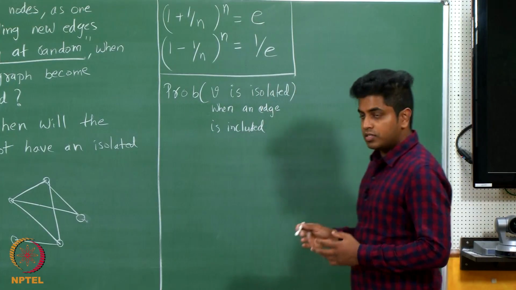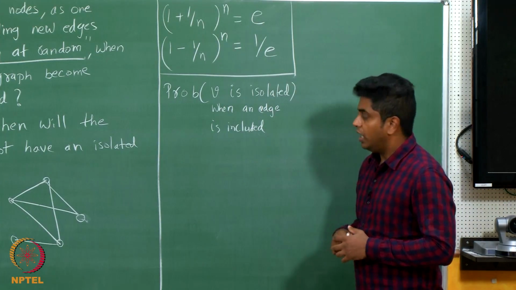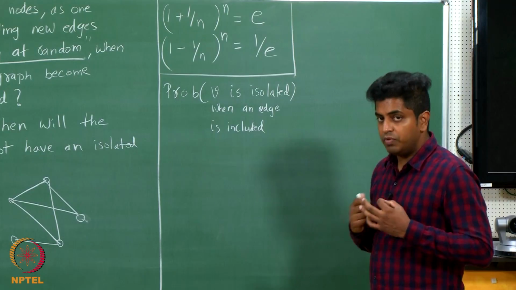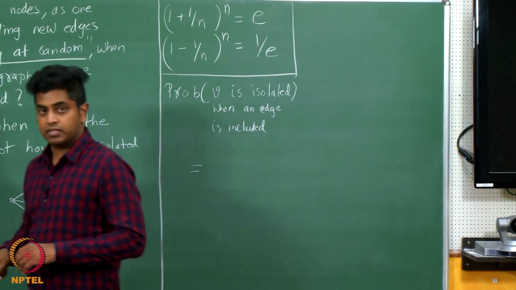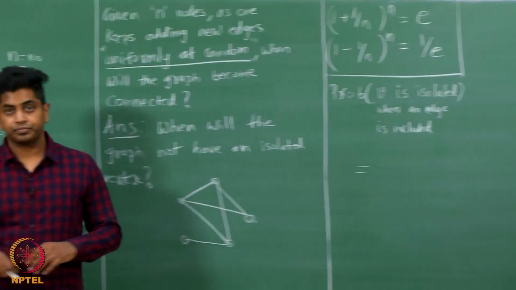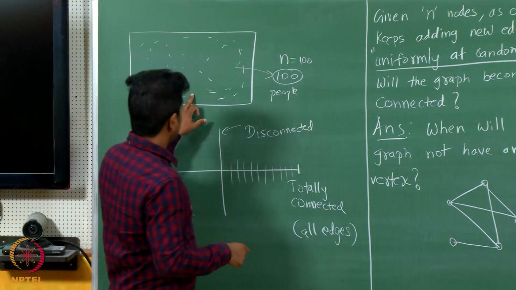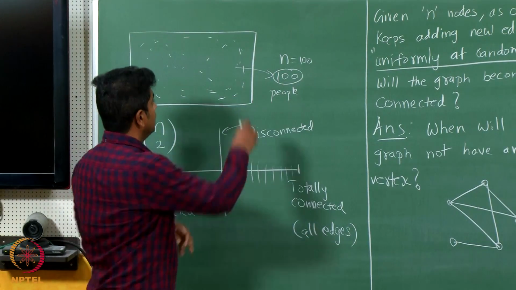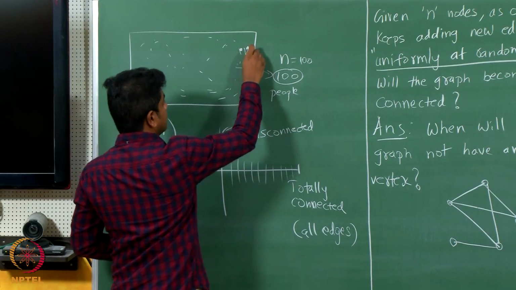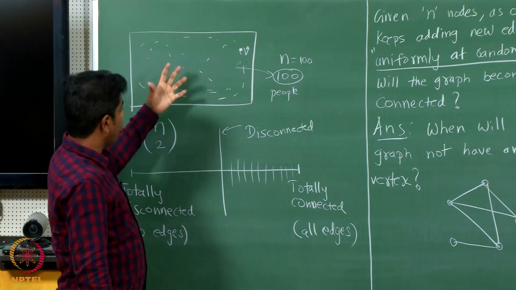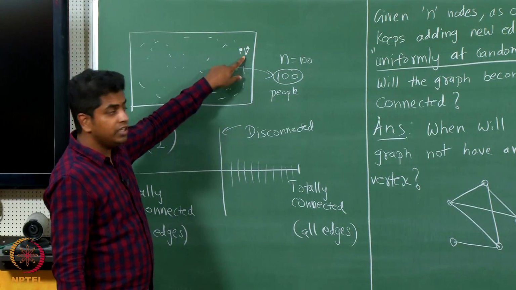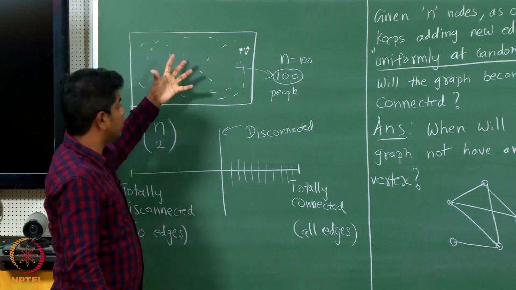There are n nodes, you put one edge and V, a particular vertex V, is isolated. What is the probability? What do I mean by this? Look at this. Here are 100 nodes, this is my vertex V and you put one edge. What is the probability that V continues to be isolated when you put one edge?